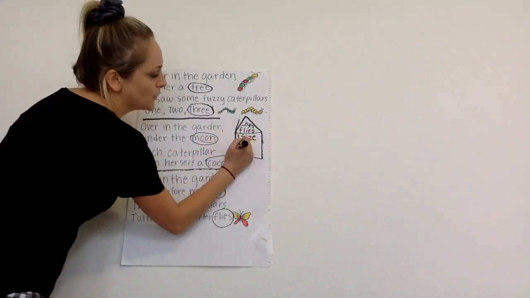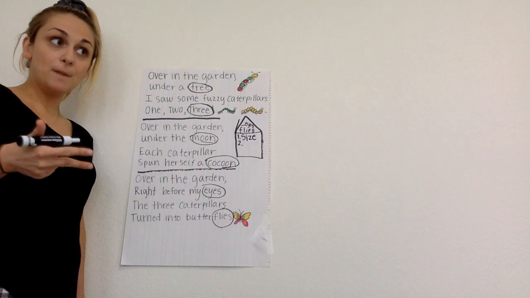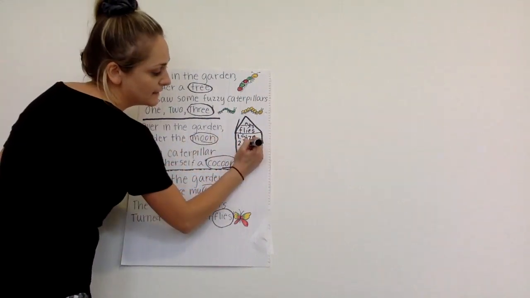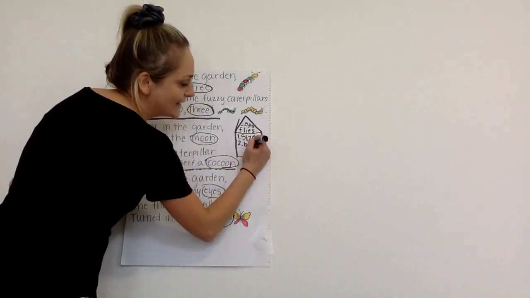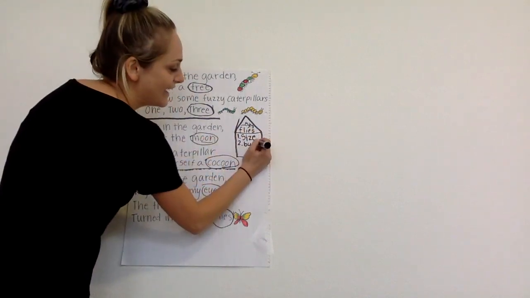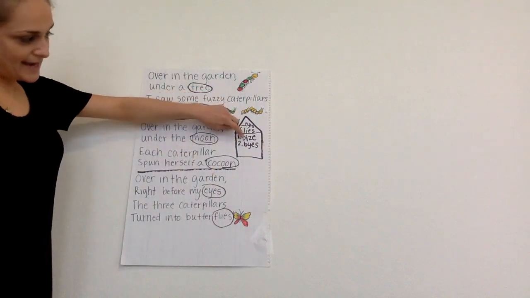What is another word that rhymes with flies and eyes and size? Buys. Very good. B-Y-E-S. Buys. Eyes, flies, size, buys.